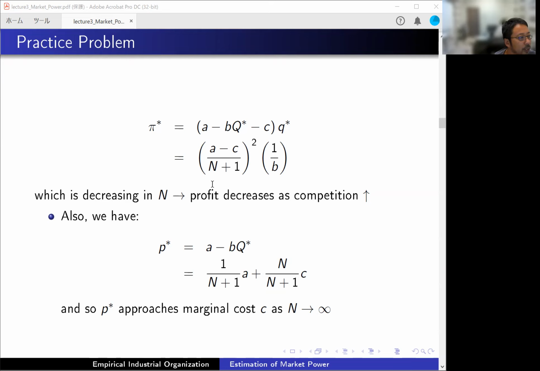Similarly, we obtain the equilibrium price, and 1 over n plus 1 approaches 0, and n over n plus 1 approaches 1 as n increases. Therefore, the equilibrium price approaches the marginal cost as n goes to infinity.